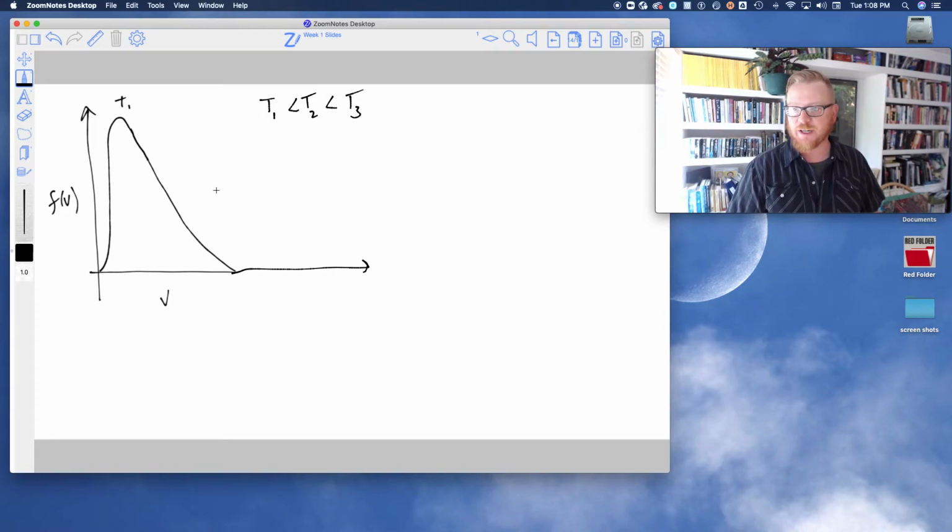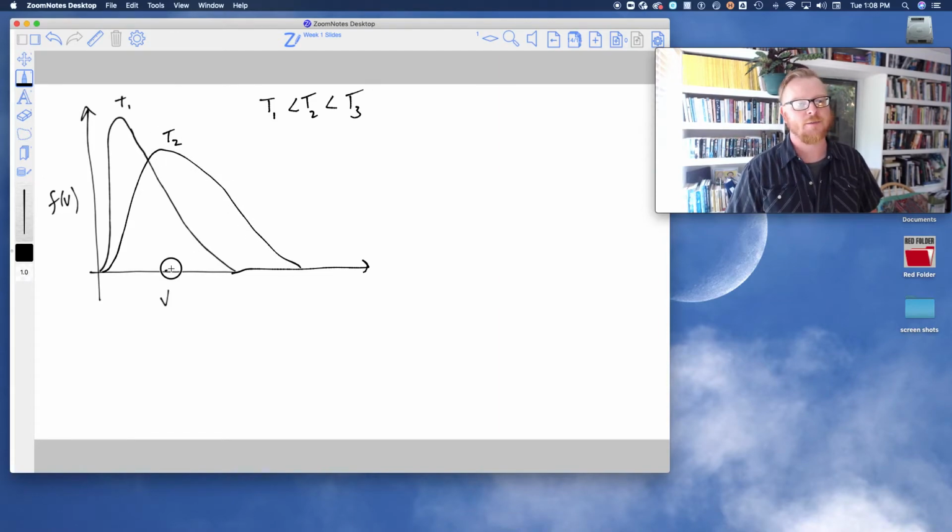If I look at these three different temperatures, then these are the distributions that I get. T2 would look something like this, and T3 would look something like this.